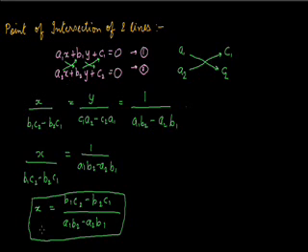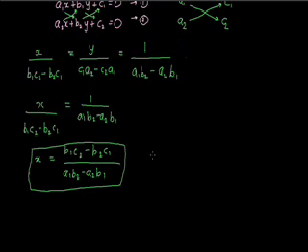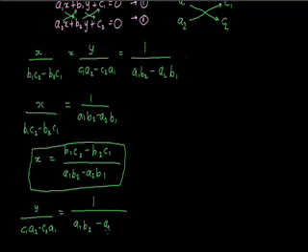Similarly, if I equate the next two sides of the equation, I can write y upon c1 a2 minus c2 a1 is equal to 1 upon a1 b2 minus a2 b1.